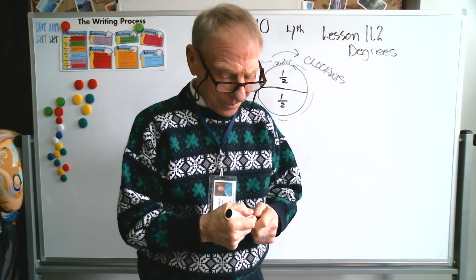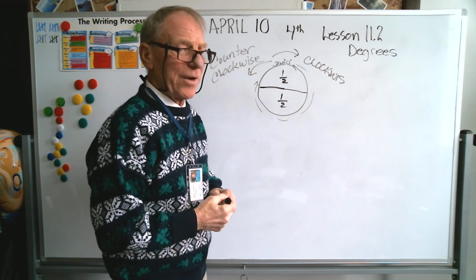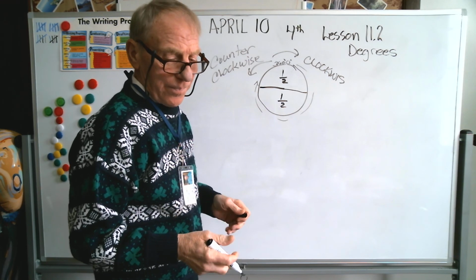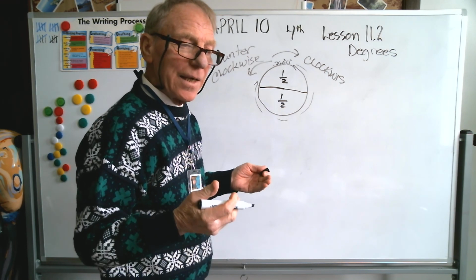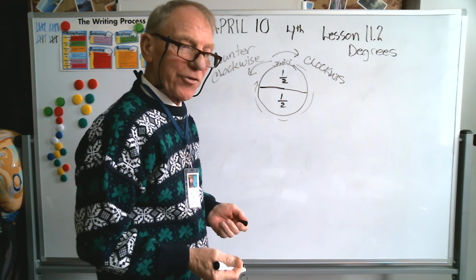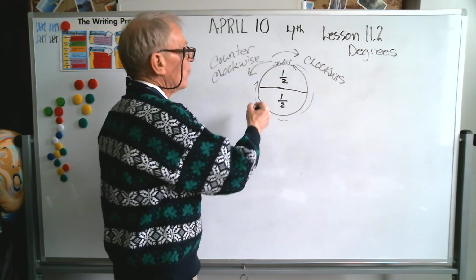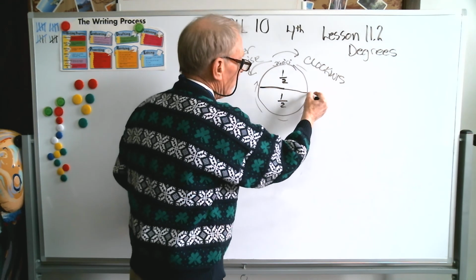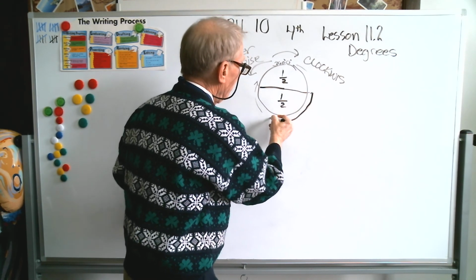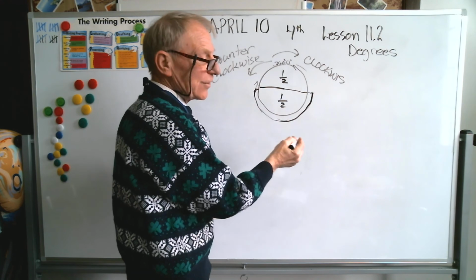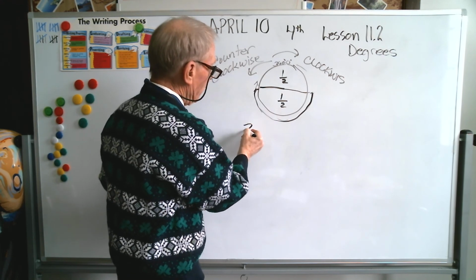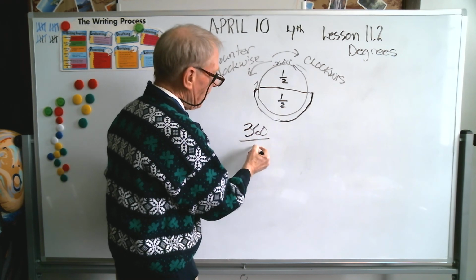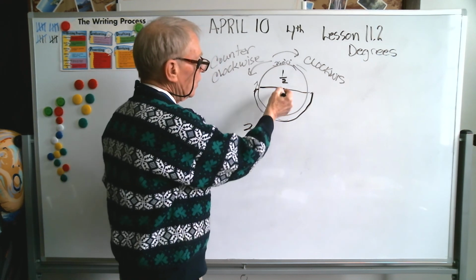And each one of these divisions has a degree equivalent measurement. So if we know it's 360 degrees around a circle, from here to here is half of that circle. So if it's 360, we're going to divide that by 2, because there's 2 parts.